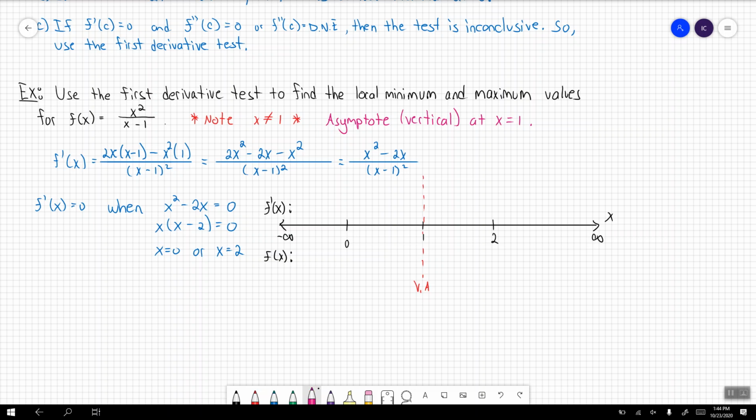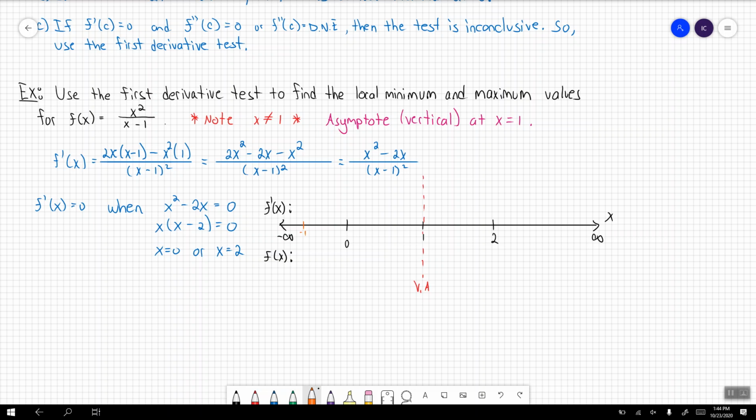So if we choose, let's say, the value of -1, we're going to make our substitution, and actually I want to choose this in a different color. There we are. So let's say I choose -1.